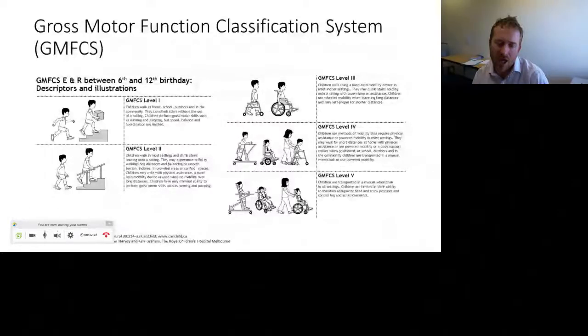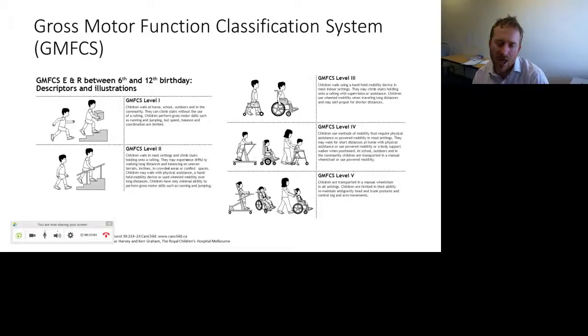So the Gross Motor Function Classification System was derived in the early 90s, and it splits children into 5 classification groups based on their gross motor function abilities. These descriptions were derived from a group working out of McMaster University in Canada, and the drawings were provided by the Royal Children's Hospital in Melbourne, and now have travelled around the world.